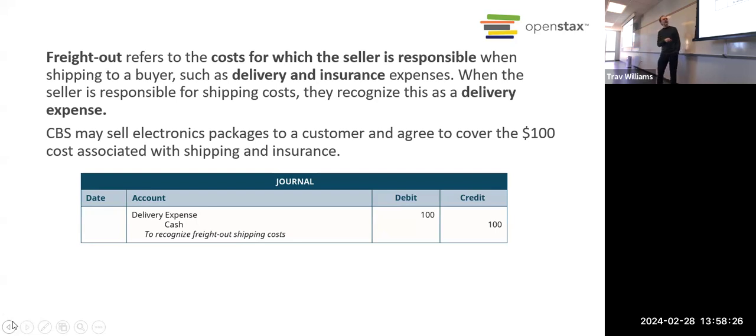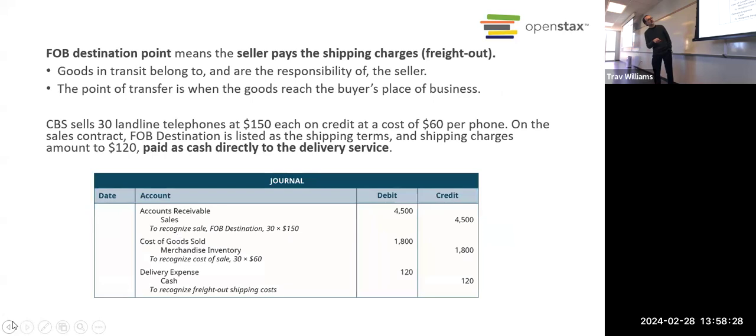Here it is, FOB destination. Does anybody remember what FOB stands for? Freight on board. I'm not really sure why we use that term, but that is the term.